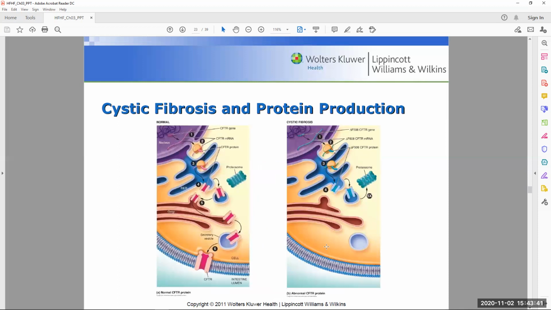So in terms of what does this lead to? If we were to look here, the normal occurrence of the gene itself, right, you would have it being transcribed and then translated within the cytoplasm.